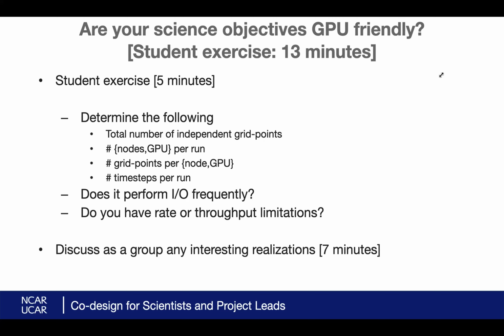Okay, so climate change. How long do you want to run this? Is this hundreds of years? Hundreds of years, I think. Yeah, this sounds like a climate change kind of problem. I don't expect this is GPU friendly. Is that right?